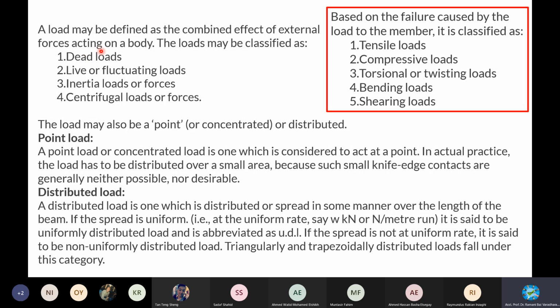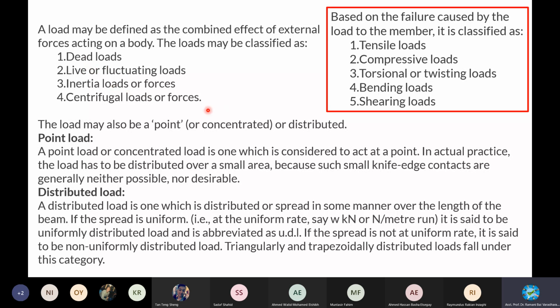So you have dead load, live load, all the moving loads, all the objects which are in a dynamic condition, inertia and forces. In addition to that, it will create its own responses, right? Sometimes it will form a loading to the other end or to the following members. So you need to calculate the inertia of the member before you select it. And then finally, centrifugal forces, and other types of forces acting on it, apart from dead loads and live loads.